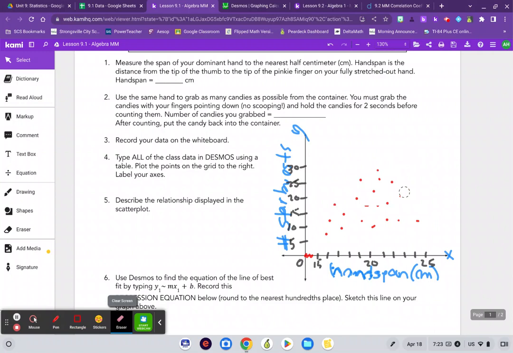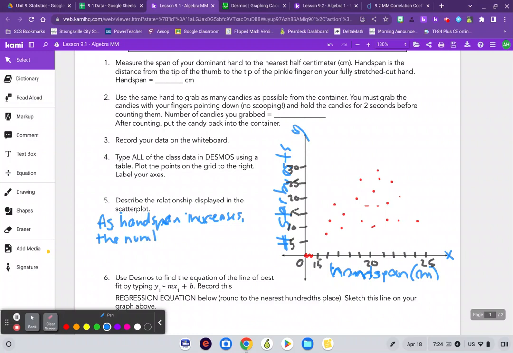There we go. And so it says describe the relationship in the scatter plot. So we can do a couple of things. We can say as hand span increases, the number of candies grabbed increases.